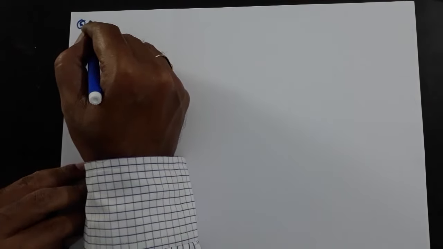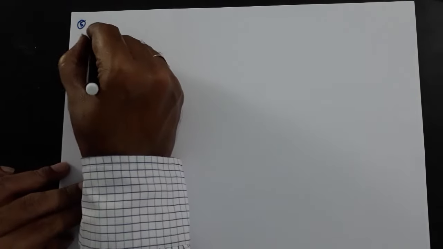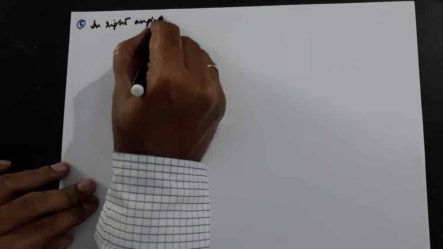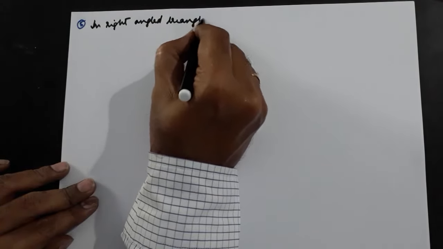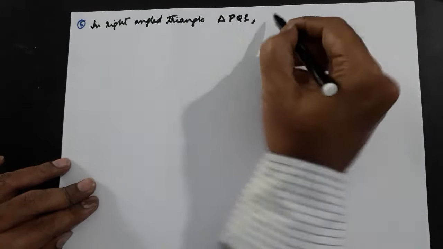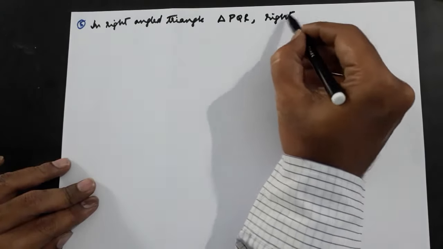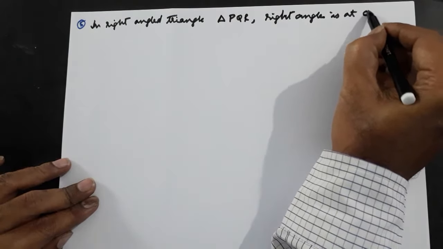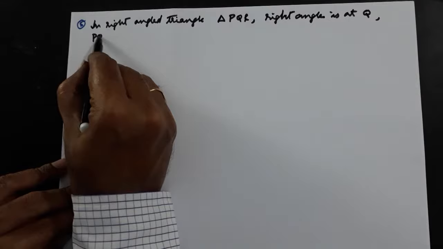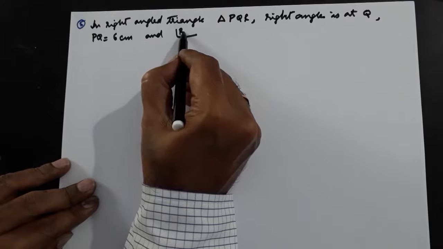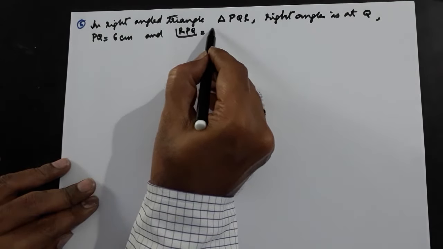So fifth one. In right angled triangle PQR, right angle is at Q. PQ equal to 6 centimeters and angle RPQ equal to 60 degrees.